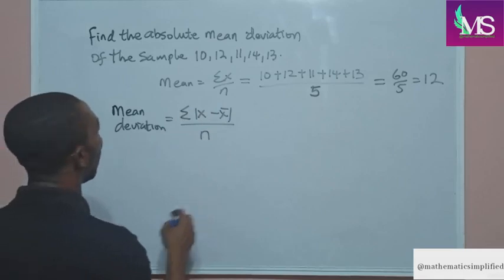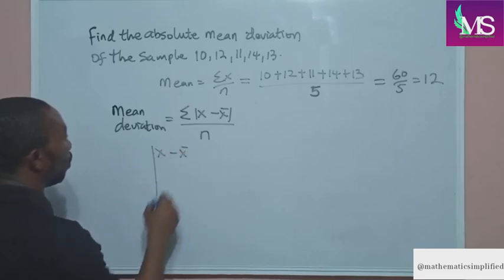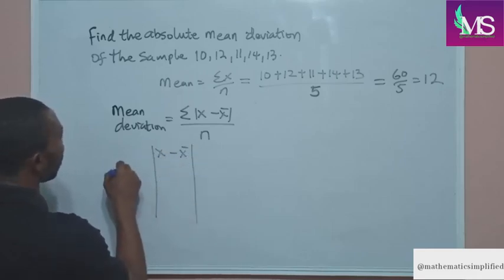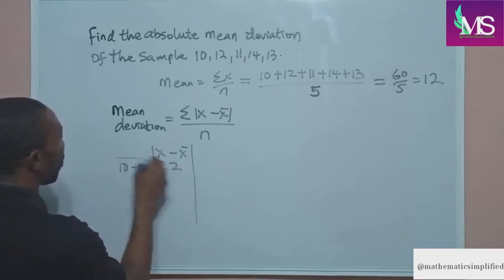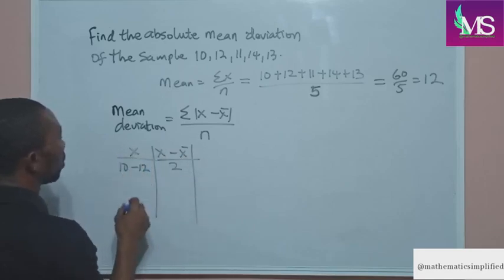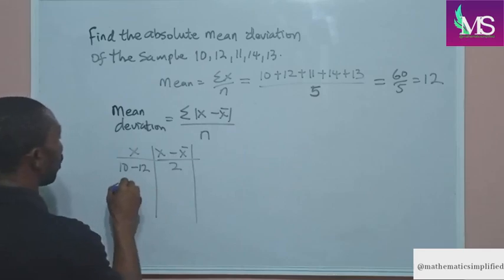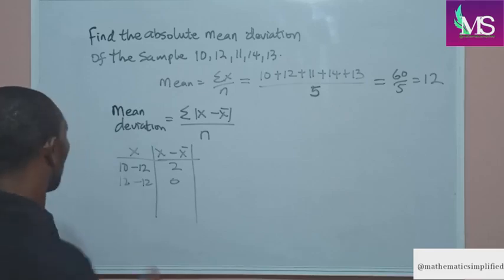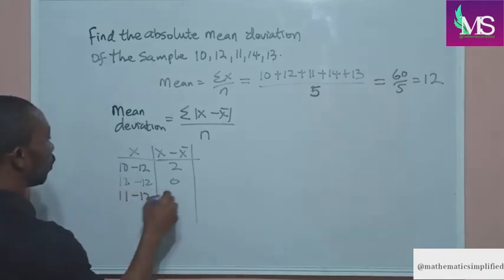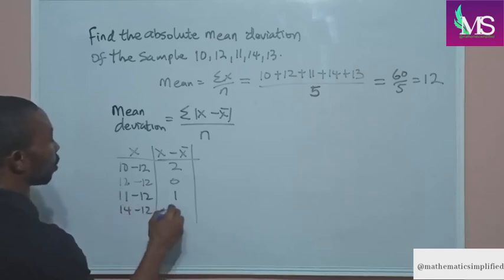Okay, now for us to find our x minus x bar, it will become 10 minus 12, which is 2. This is our x. Now, 12 minus 12, which is 0. 11 minus 12, which is 1. 14 minus 12, which is 2.